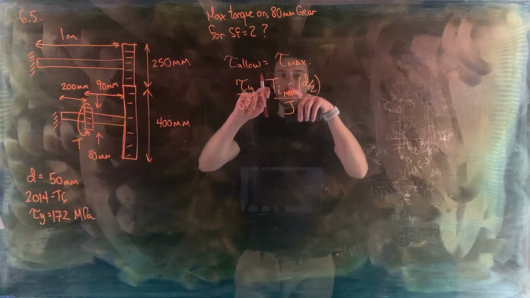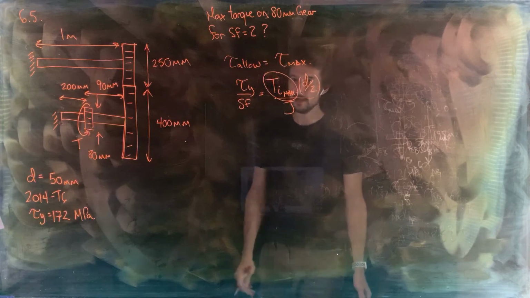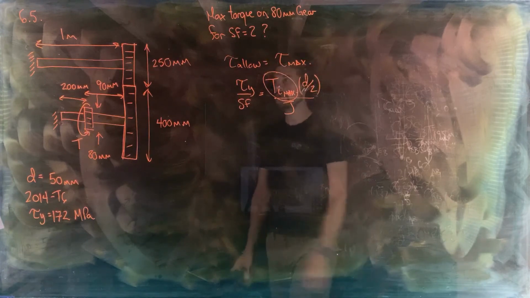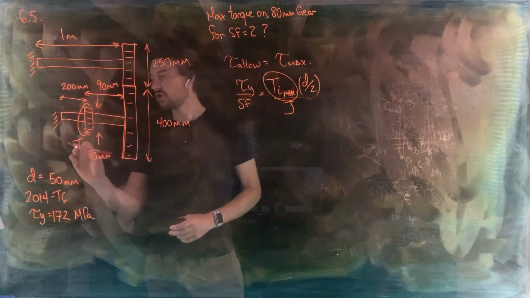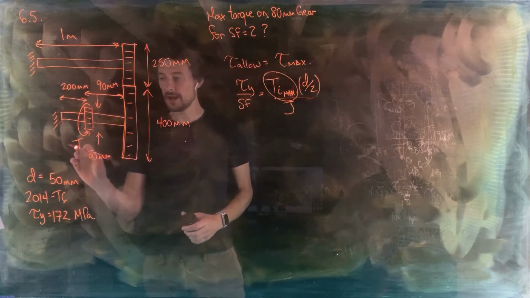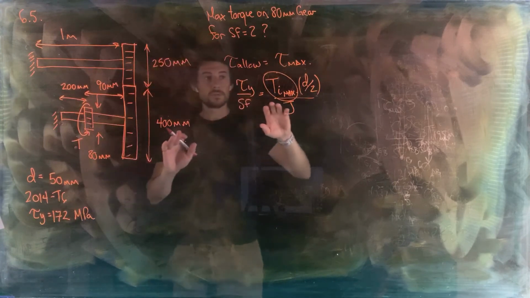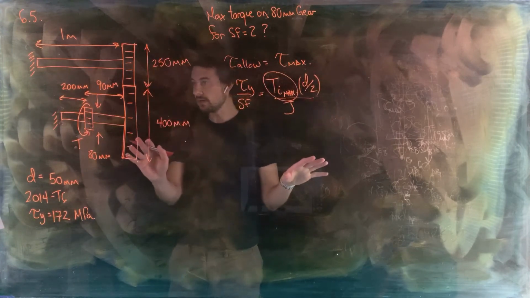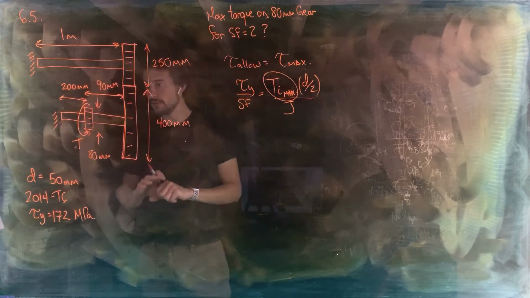So again, all that we actually need to do to answer this problem is figure out what the maximum internal torque is in these two shafts in terms of the torque being applied to this smaller gear here. To help us keep everything straight in terms of the math, we should label the different points of interest on this diagram.